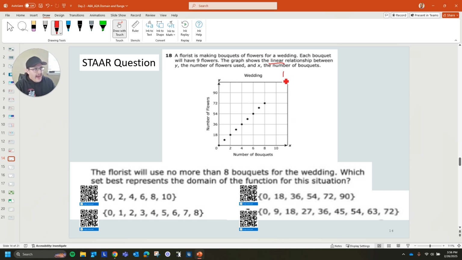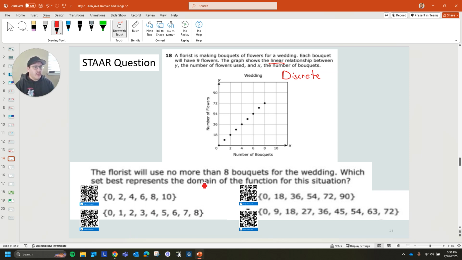Here we have a discrete function because all the dots are separated on the graph. However, knowing this fact, we can't eliminate any of the choices. Notice how everything has been discretely stated. Individual numbers have been put into lists. So that doesn't really help us, so we've got to move on to the next thing.